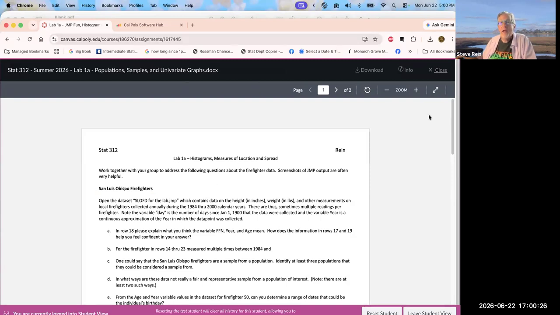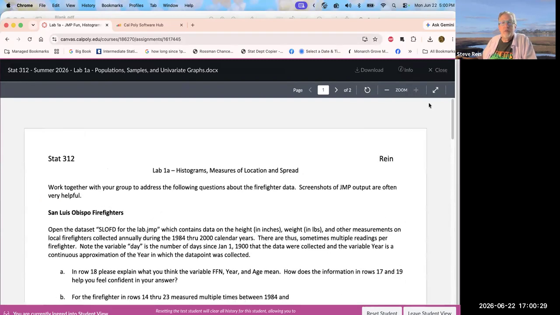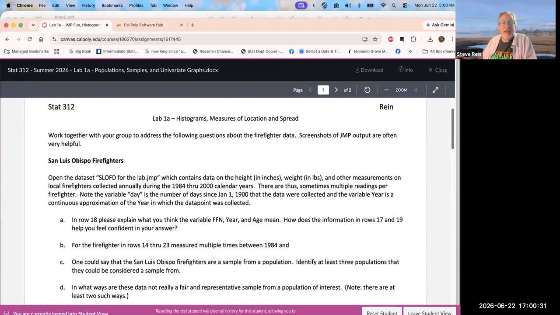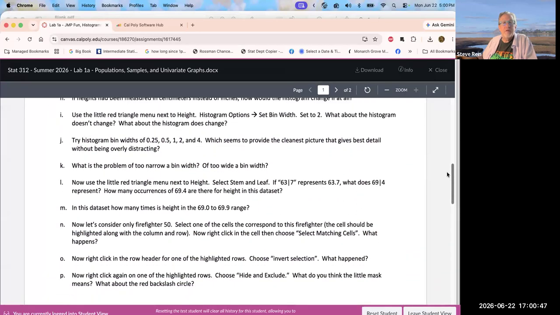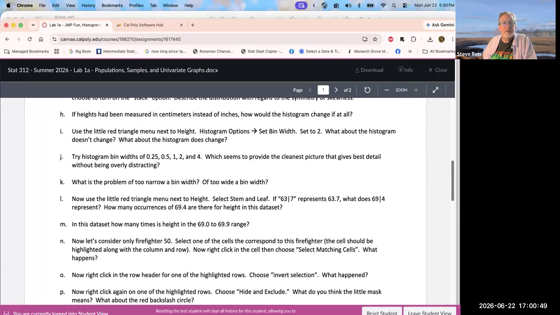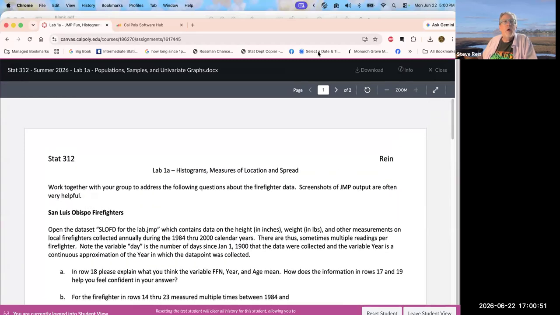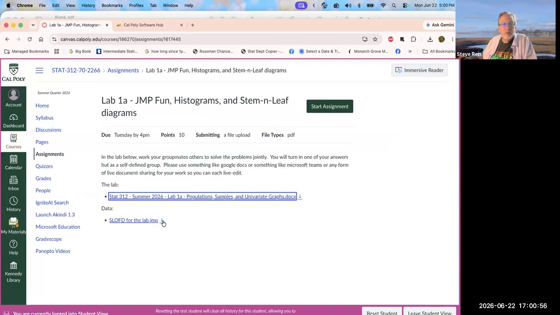This is not an editable version right here, but you have to download it to be able to edit it. Look at the data and start answering these questions. Maybe hit a carriage return and start typing your answer there. Sometimes you'll want to cut and paste a screenshot into the lab document for you or your group mates to refer to as you go. Let me get out of here and show you the firefighter data.